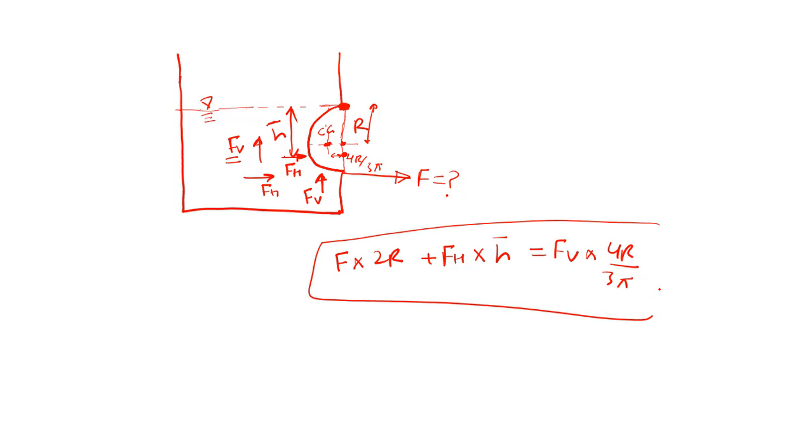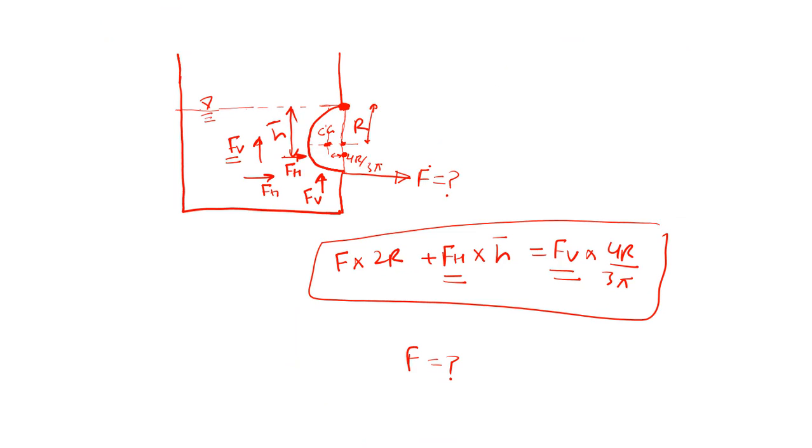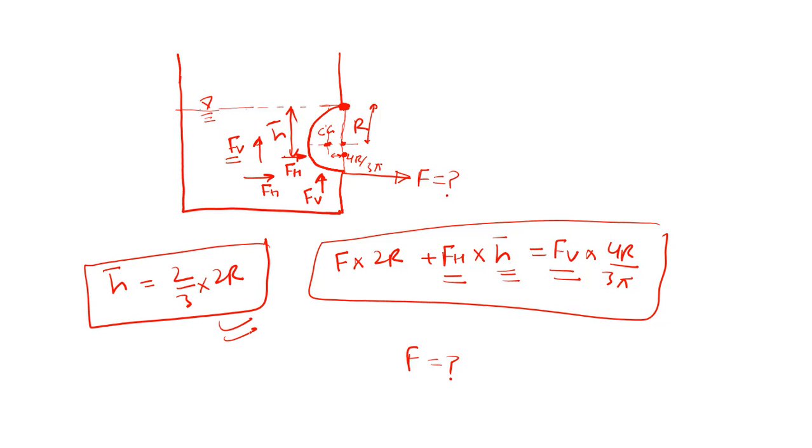So from here I can calculate F. For that you have to calculate FV and FH. So similar to the method that we have applied here, you can calculate based upon that. Similar logic. And the center of pressure h bar will be nothing but 2 upon 3 into 2r. You can also evaluate this, how much the center of pressure is.